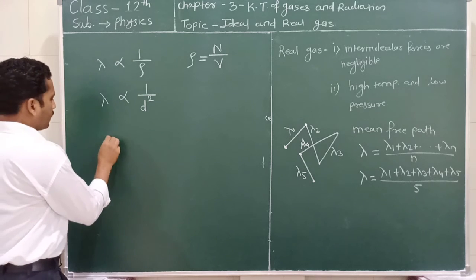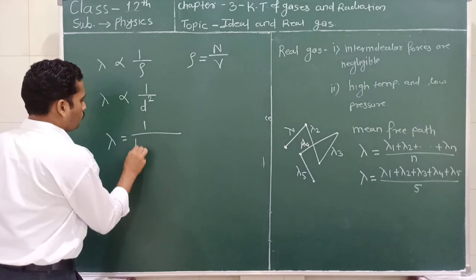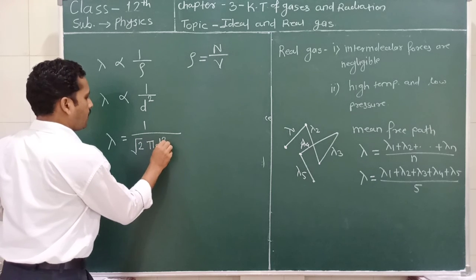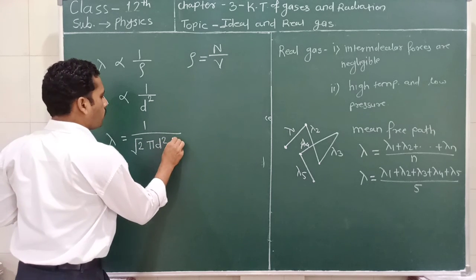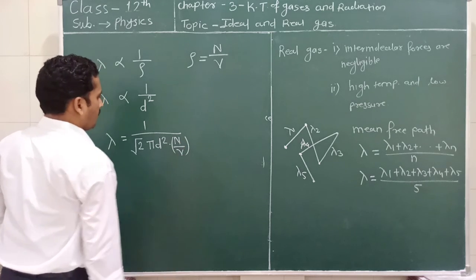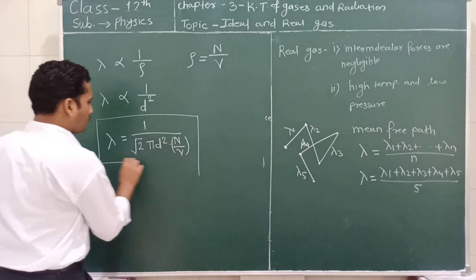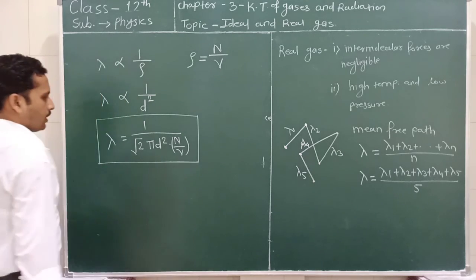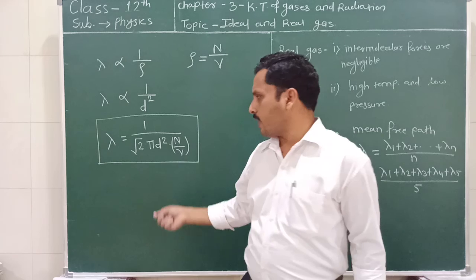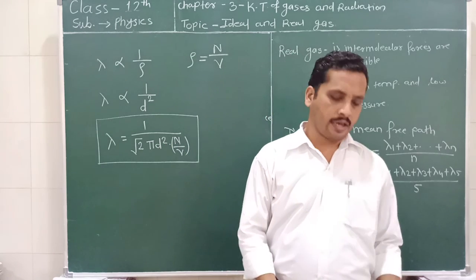So we can write lambda equal to 1 by root 2 pi d square into rho, which is equal to n by v. This is the equation by which we can determine the mean free path if we know the diameter and the density of the gas.